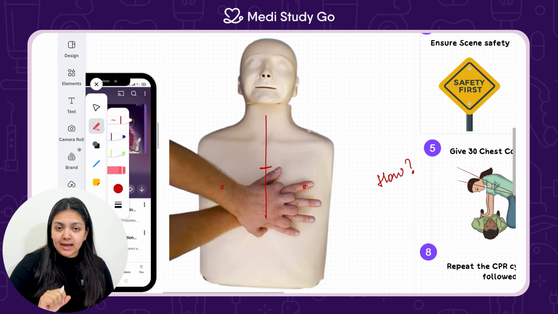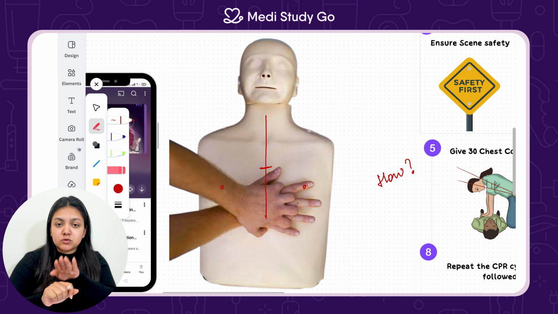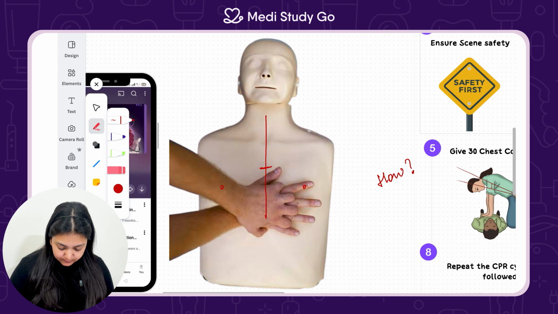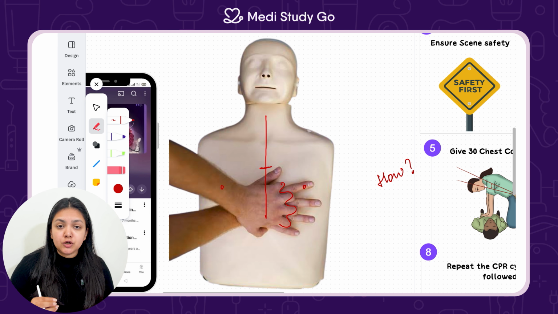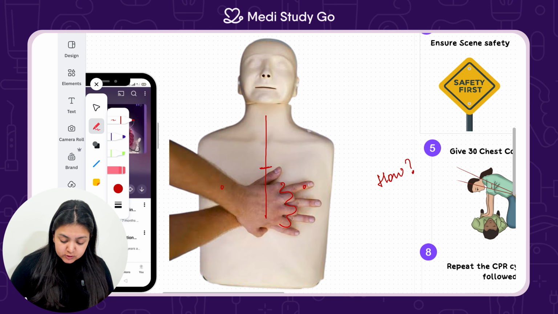The other hand comes over the first hand and interlocks it like this. This interlocking ensures complete grip and avoids any slippage during compressions, because we do not want even one compression wasted or given inadequately. So this is the correct method and the position at which the compression must be placed.